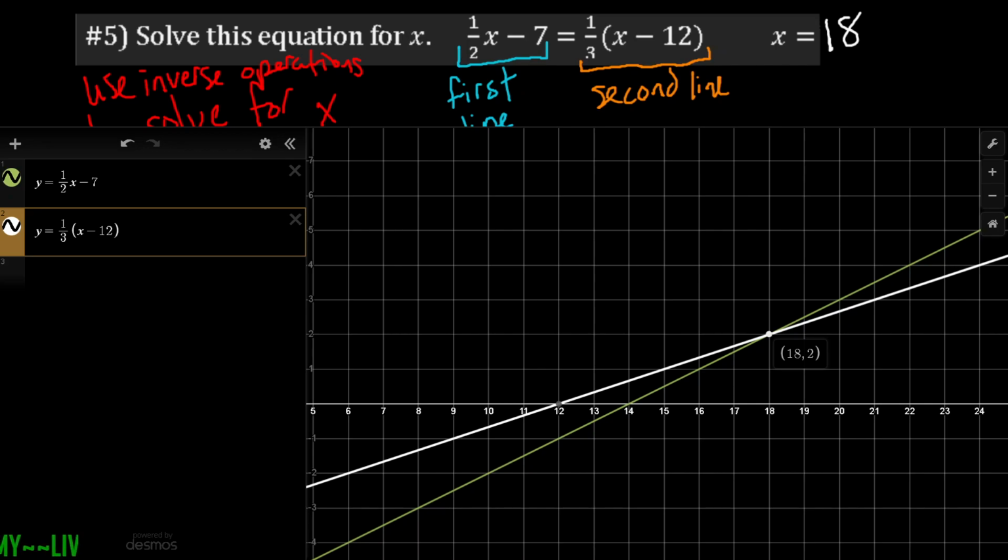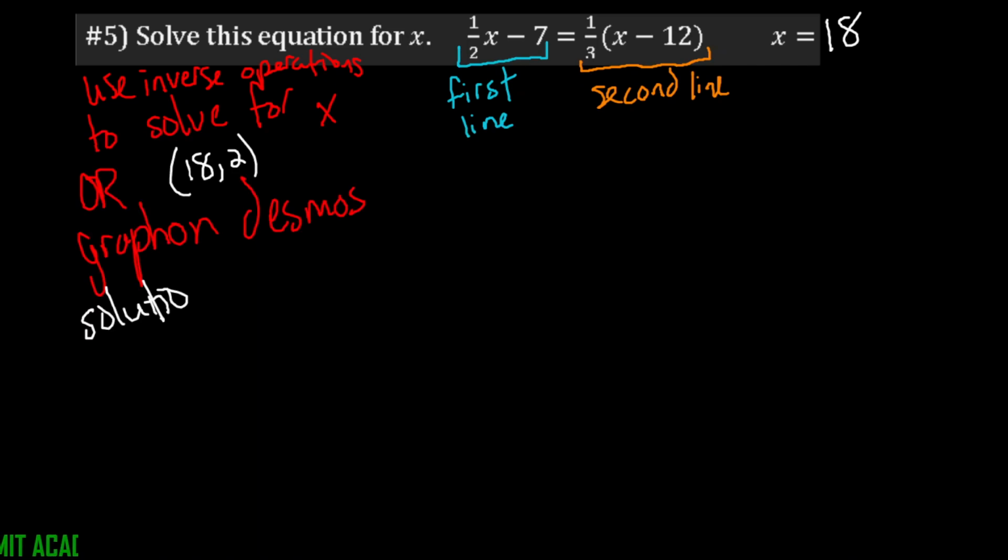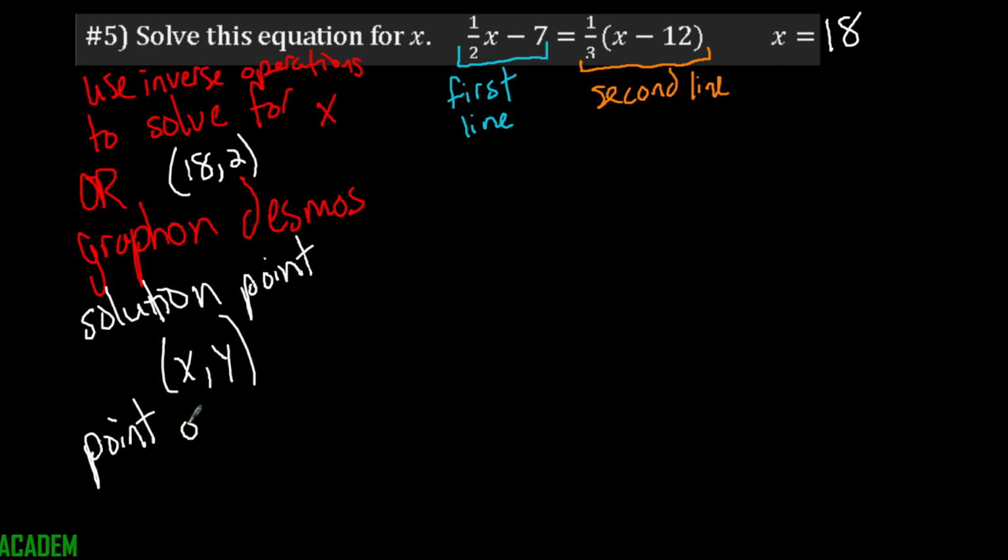Again, we're looking for a solution. Let me hide this real quick. There you go. We're looking for a solution point (x, y), which is the same thing as point of intersection.